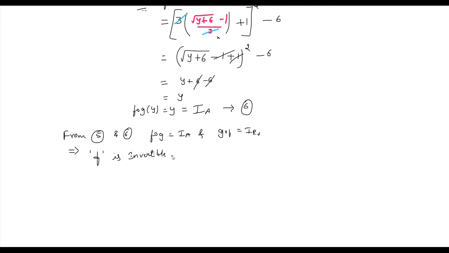So an inverse exists for the function f, which is nothing but the function g. What is function g? Root of y plus 6 minus 1, whole divided by 3. This is what we had to show. We had to show that the function f is invertible. The inverse of the function is this. When we have proved this condition, this shows that the function is invertible.